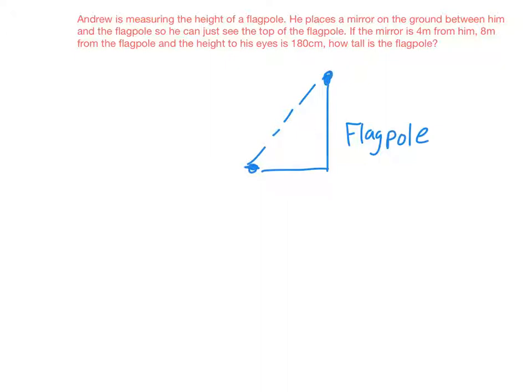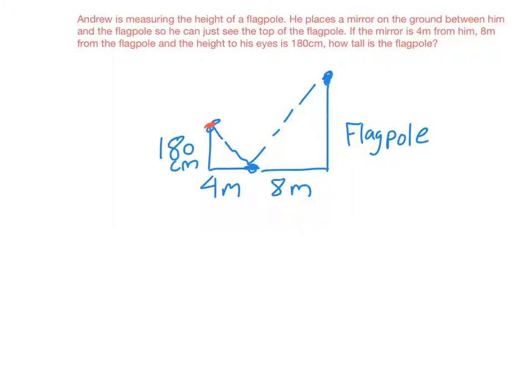So I have said in the question that this mirror is 8 meters from the flagpole and 4 meters from the actual person. So he is again 180 centimeters to eyes which look at the mirror. So if this person is standing here and this is his eyes, I'll put his eyes in red.